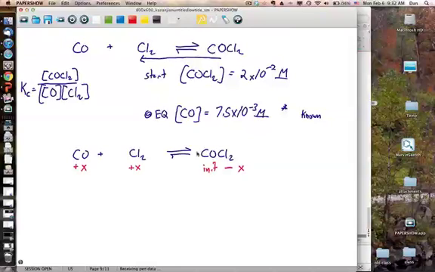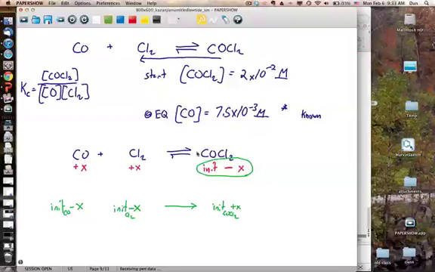At equilibrium, the COCl2 concentration will equal the initial amount minus whatever was consumed, while the CO and Cl2 will equal the initial amount plus whatever was formed.